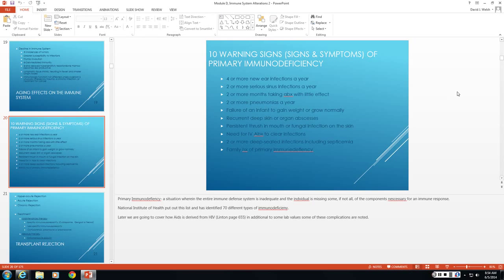So, 10 warning signs of primary immunodeficiency.